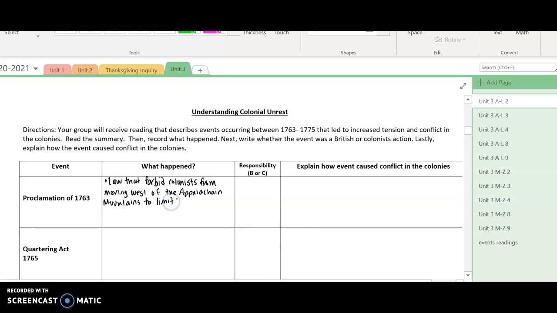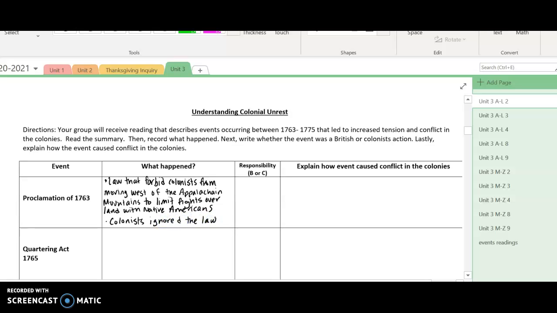So they're trying to stop these fights. And the colonists just ignored this law, and they moved west anyway.